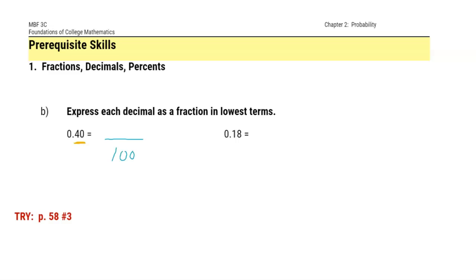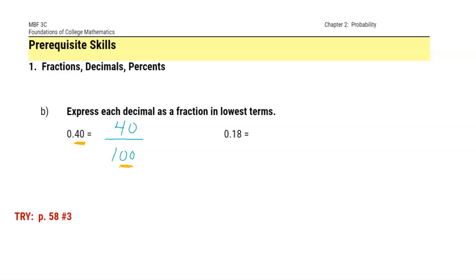Remember, the 2 decimal places mean I've got 2 zeros in my denominator. Then I simply take the value of the numbers after the decimal. So that means 40 out of 100.